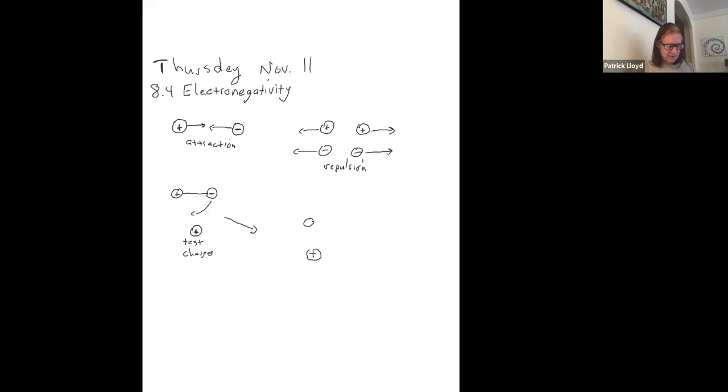We'll attach it right there so it can't move, it can just rotate. The positive end of this rod would move away from the positive test charge, and the negative end would move toward it. Kind of makes sense, right? It's essentially moving itself around so that it can maximize attractions and minimize repulsions. This negative charge is now closer to the positive, so that's increasing attraction, and this positive is further away from the test charge, so that's minimizing repulsion.